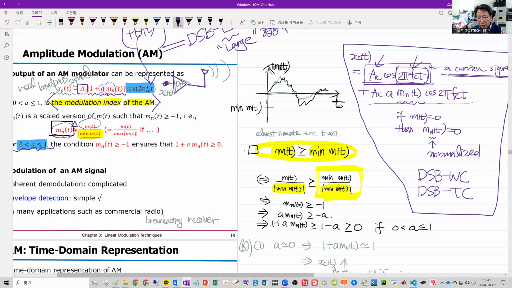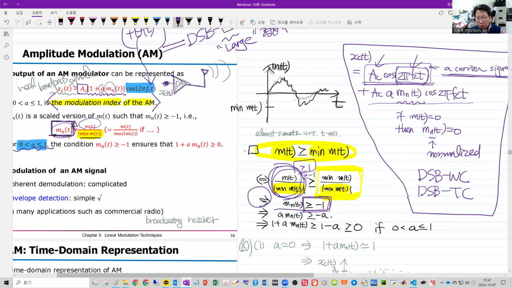So you can easily see that the left-hand side is greater than or equal to 1 or greater than or equal to -1. What does that mean? This means this left-hand side is greater than or equal to -1. If it's greater than 1, it's obviously greater than or equal to -1. And this left-hand side is defined as the normalized version of the message signal in our definition of amplitude modulation, alias DSB large carrier. Got it?